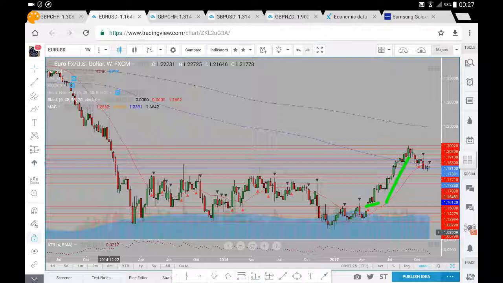Like, for example, the ECB press conference, and what was noted in that press conference was their extension of QE to September 2018 and their willingness to act if they see further weakness within the eurozone. So that helped with the turnaround on the euro against the USD, and pretty much all of that came on this weekly candle here in red.